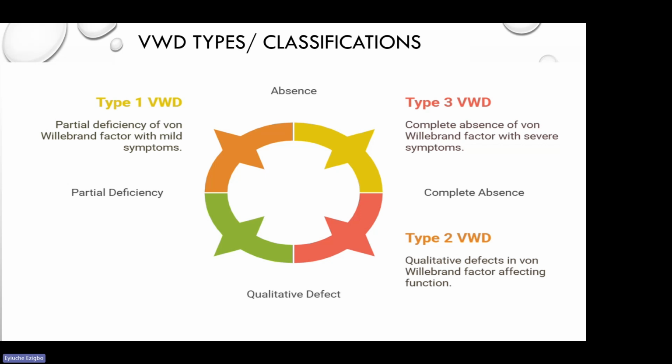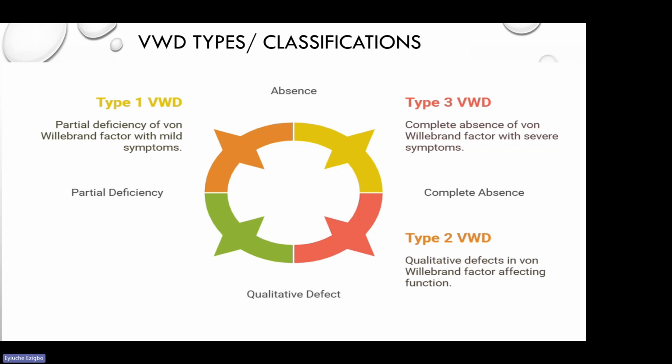Majorly we have type 1, type 2, and type 3. Type 1 and type 3 have to do with quantitative deficiency of von Willebrand factor. Type 1 has to do with a partial deficiency. Type 3 is near or complete absence of von Willebrand factor in an individual.